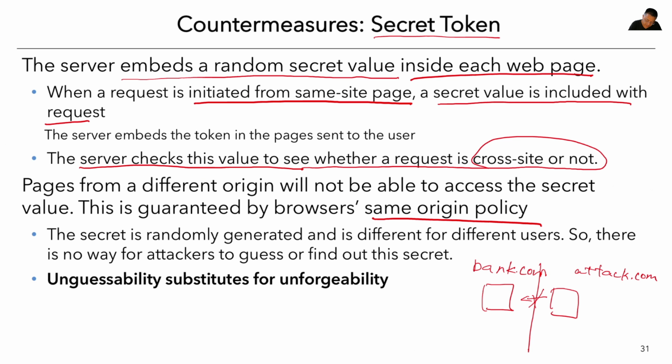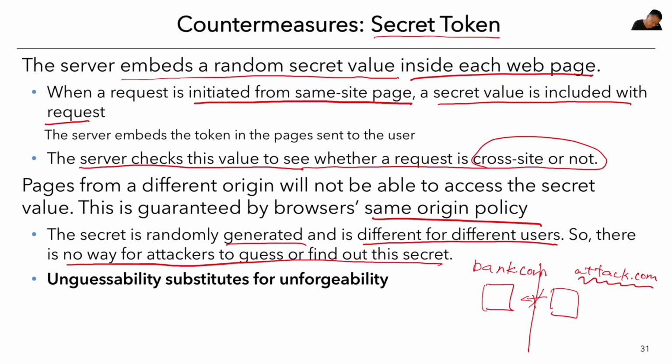So attack.com will not know the secrets. All the requests sent by attack.com will not have this secret token, and then bank.com can reject those requests. The secret is randomly generated and is different for different users, so there is no way for an attacker to guess or find out this secret.